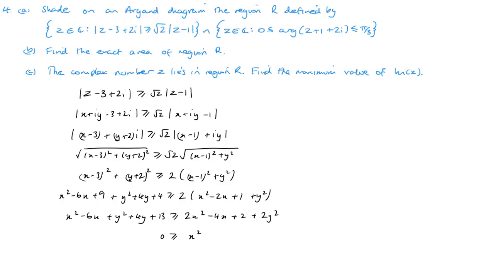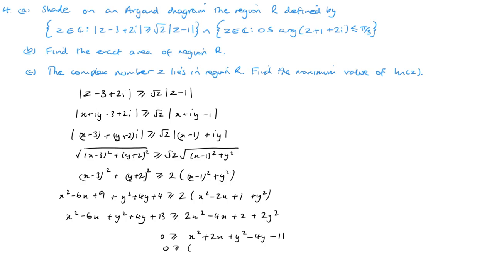So there's 1x². Now we're adding 6, so plus 2x, plus 1y² minus 4y. And then we're doing 2 take away 13, so minus 11.